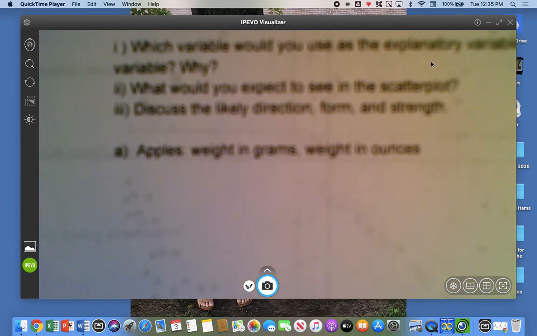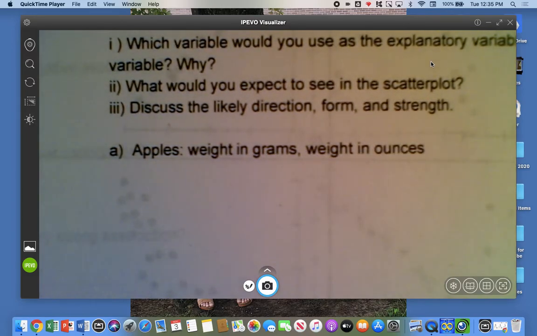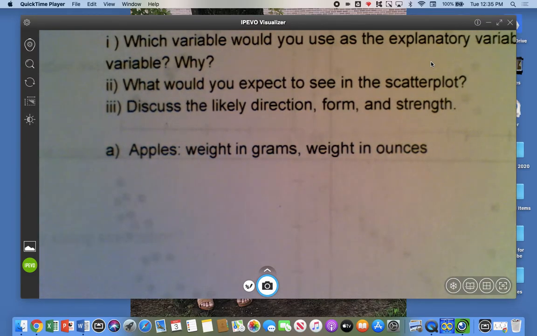Okay, so if we wanted these to be directly proportional to each other, on this one it really doesn't matter which one's the explanatory variable and which one is the response variable. The reason why is the weight in one measurement doesn't depend on the other one. It could go back and forth either way.